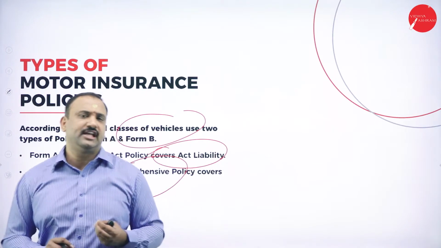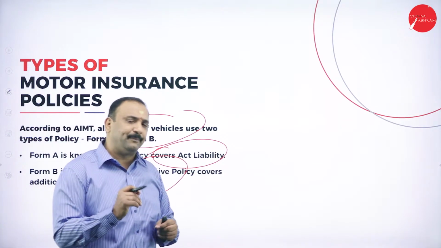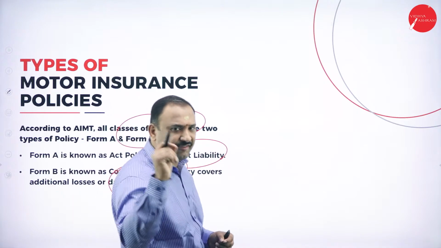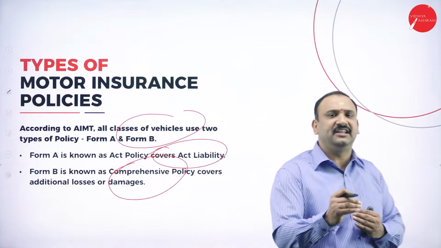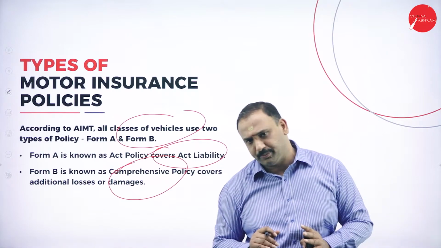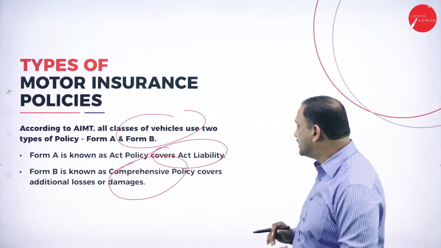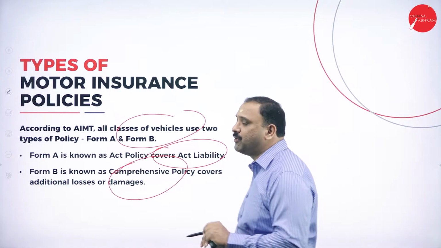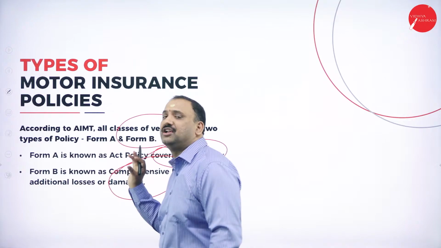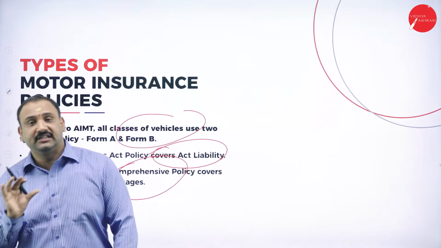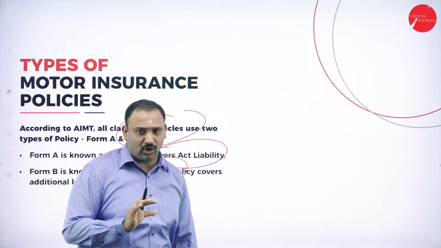Which means to say that Form A will typically try to cover factors that are related to the accident and the general losses that are going to be caused. Now, Form B is known as a comprehensive policy coverage, which will be covering the additional losses or damages. Now, this is the next format altogether.